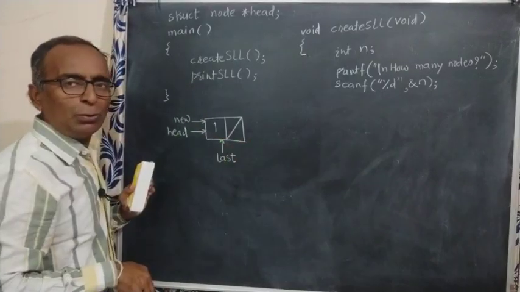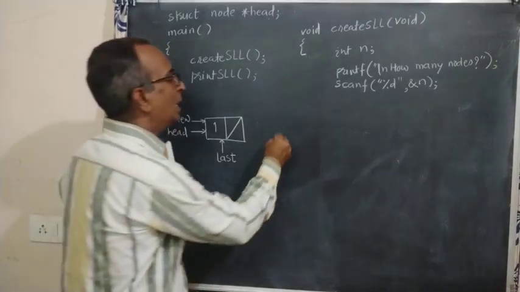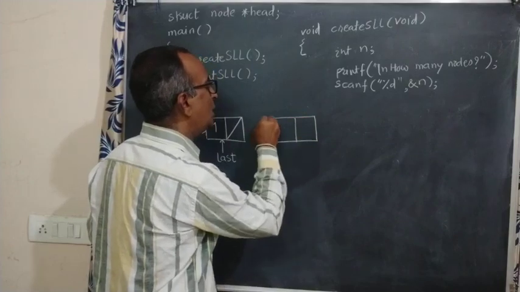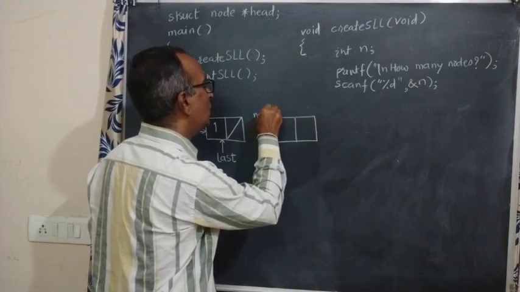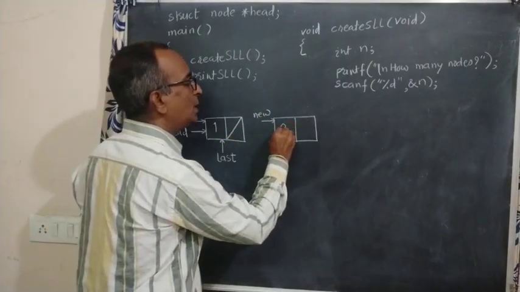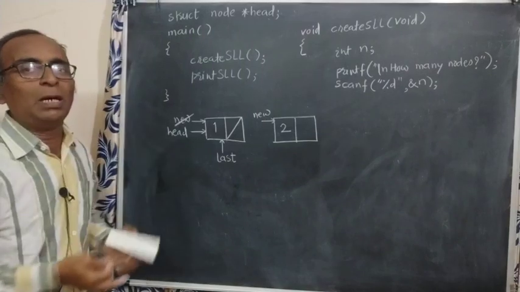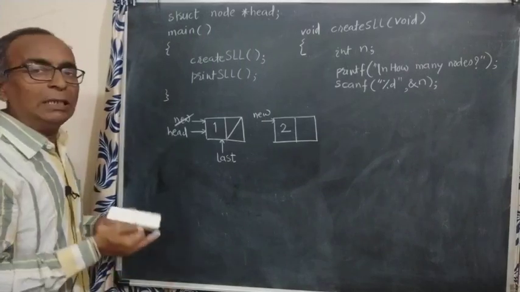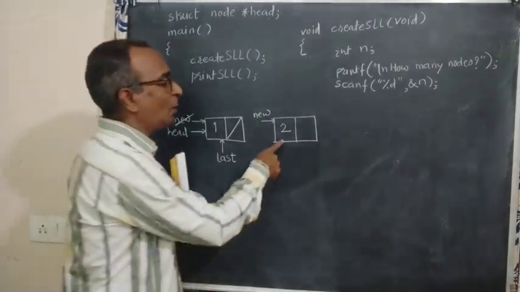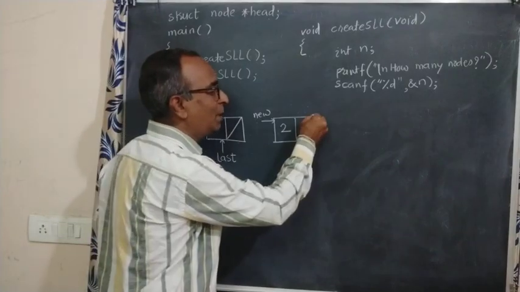Now when you insert the next node in the loop, for the second time, we again create a new node. How to create a new node, we have seen, by the malloc function. The new node is created and the information field is set. As you are always adding a node at the end of the linked list, the new node's link field will always be null.